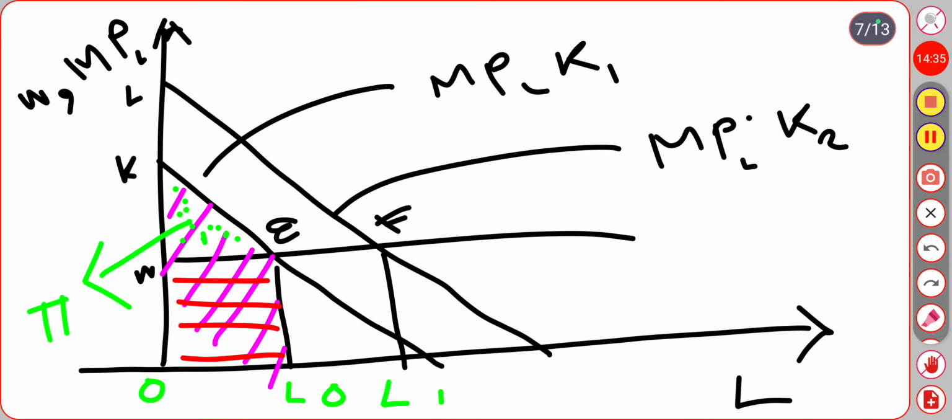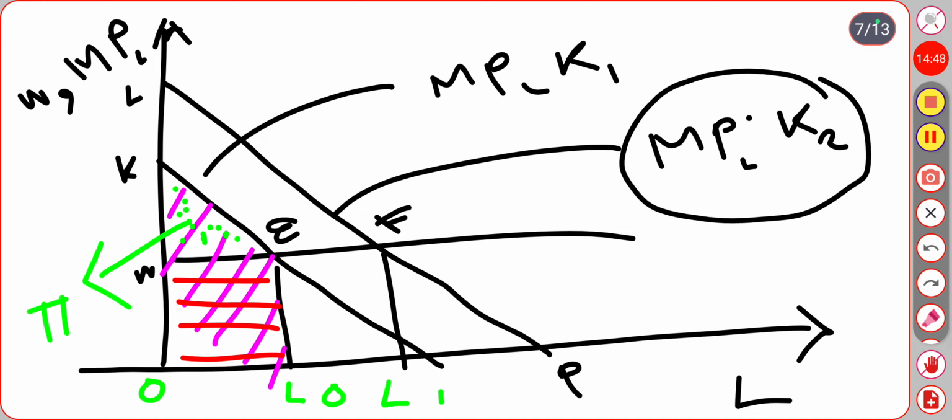So we can draw. Now the new demand curve is LP, or marginal product of labor K2.